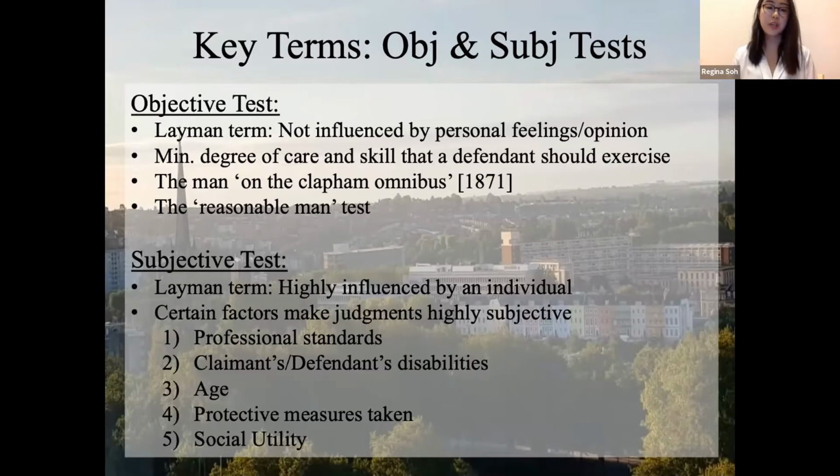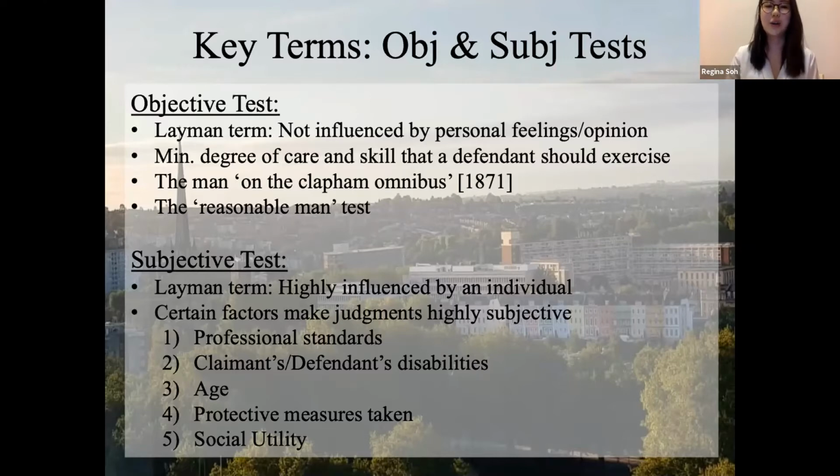I would like to share an interesting term. They use the man on the Clapham omnibus to describe what an objective test is. In 1871, when this was first introduced by a judge, the Clapham omnibus just meant the most popular route they were running in the town centre in London, and omnibus is just their way of saying public transport.